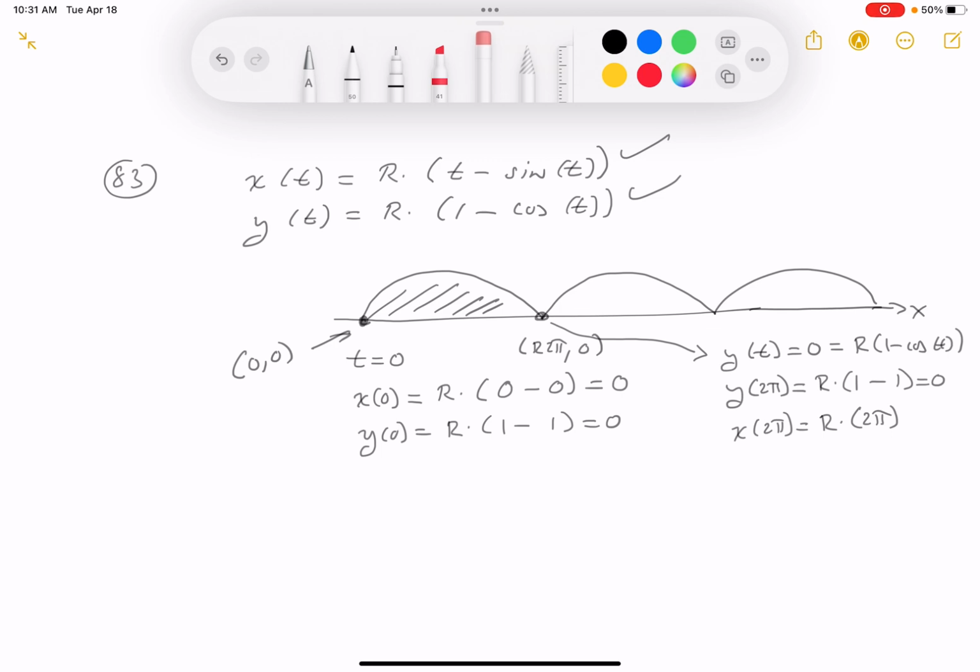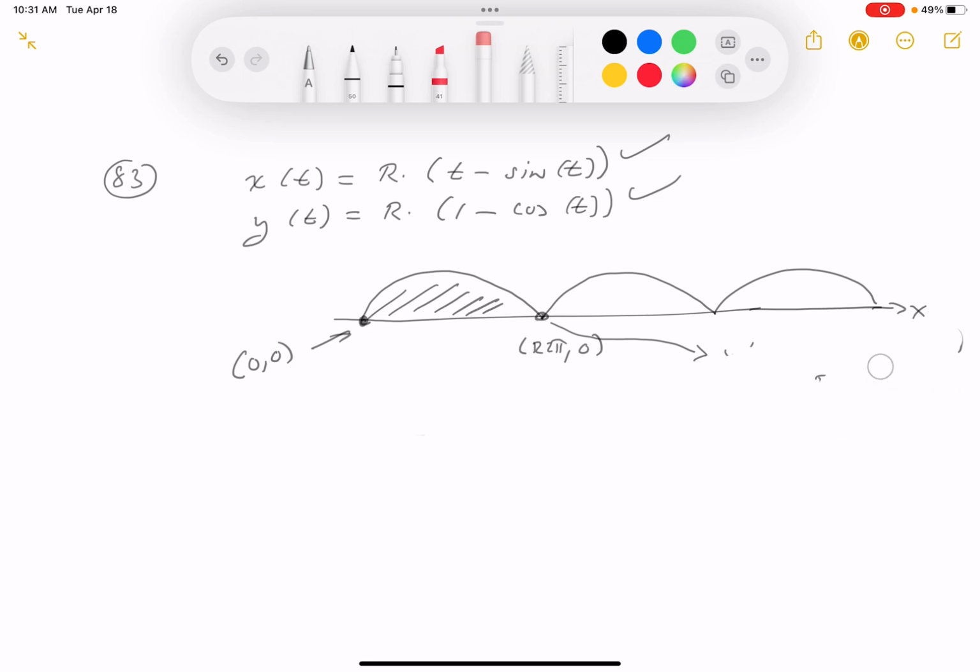I know my cycle. I'm going to start to erase things now. I'm pretty convinced that this is okay. And let me just remind you here that this is t equals 0, and this cycle stopped at 2 pi.